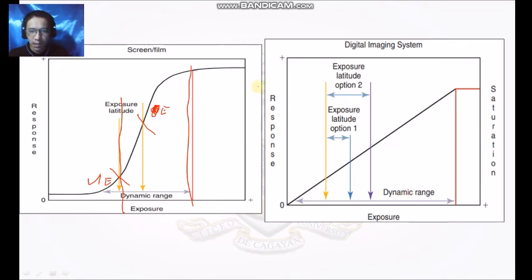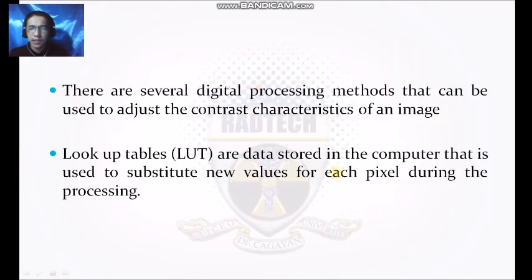So again, we substitute the new values for each pixel during processing. If you have a pixel that is very dark but is not needed for that type of examination, then it will try to substitute that pixel value with another value.